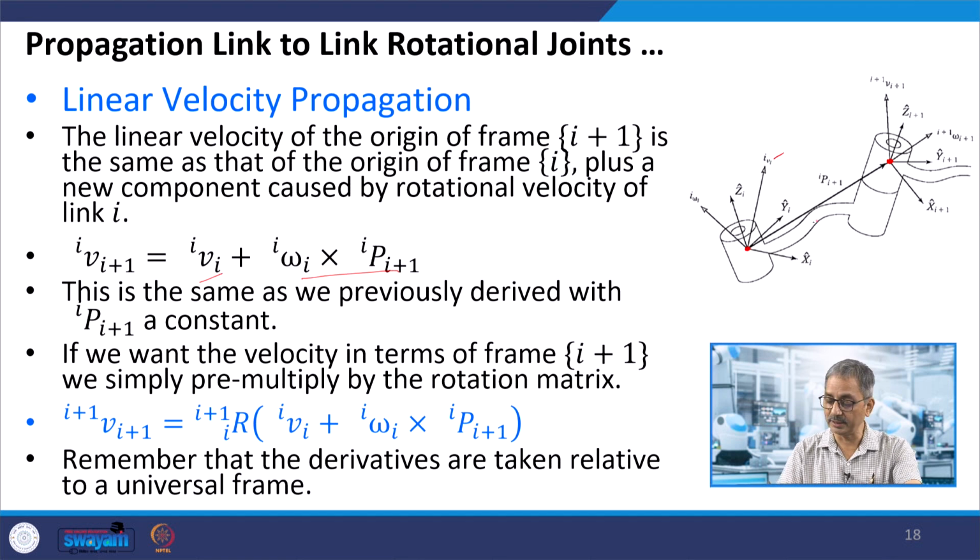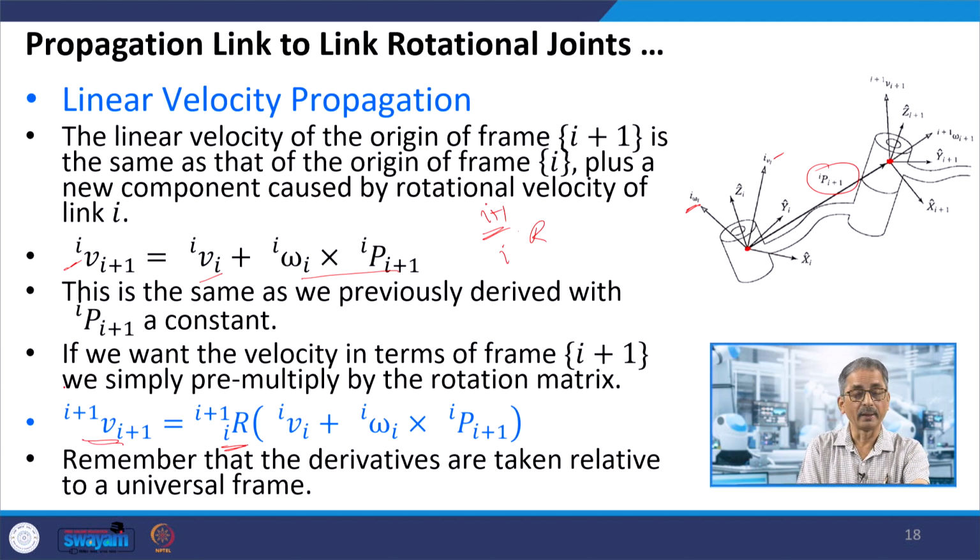So, this link angular velocity is omega_i^i cross this vector p_{i+1} with respect to i. And again I can express this in terms of the same frame. This is expressed in terms of the ith frame. So, I can express it in terms of the same frame if I do a multiplication by the rotation matrix from I to I plus 1 on both sides, and the left hand side I can just simply express like this. I hope these concepts are clear to you.